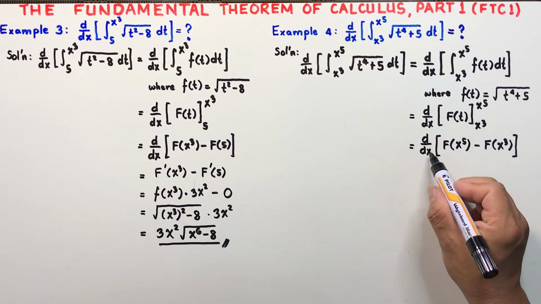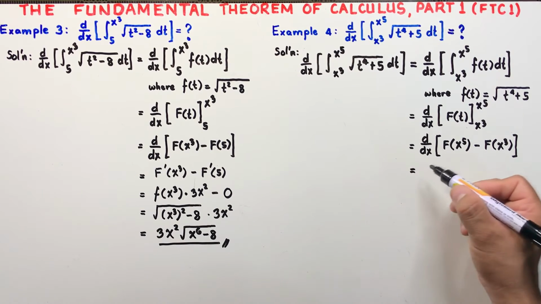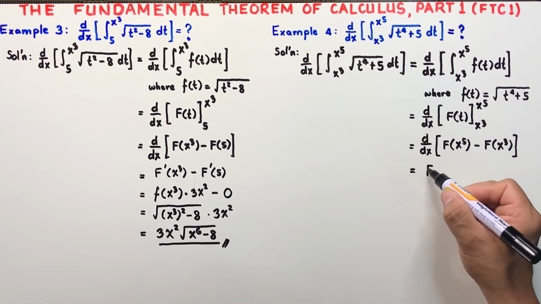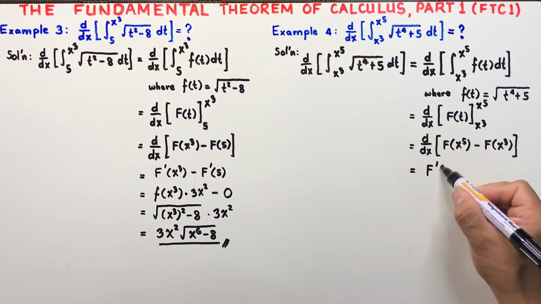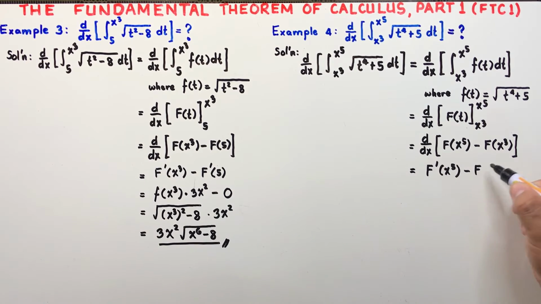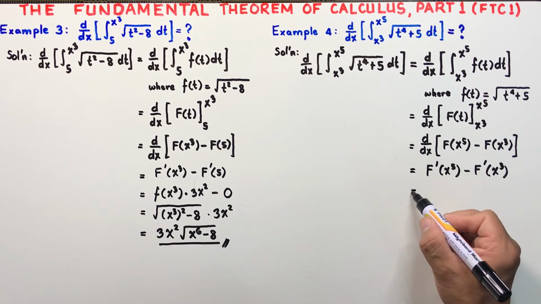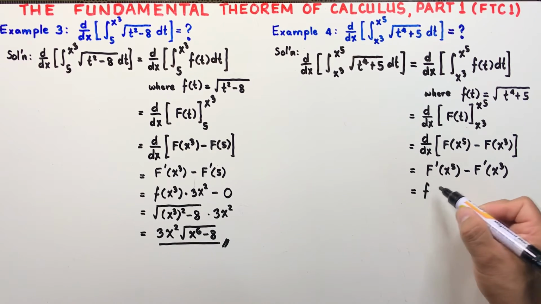And we know that the derivative of a difference is just the difference of their individual derivatives. So this is big F prime of x to the power of 5 minus big F prime of x to the power of 3. Then using the conclusion of the fundamental theorem of calculus, the derivative of the big F of x to the power of 5 is the small f of x to the power of 5.